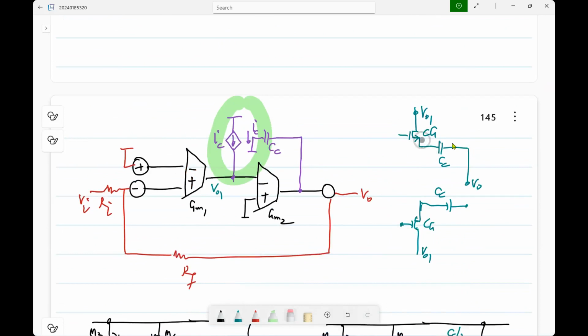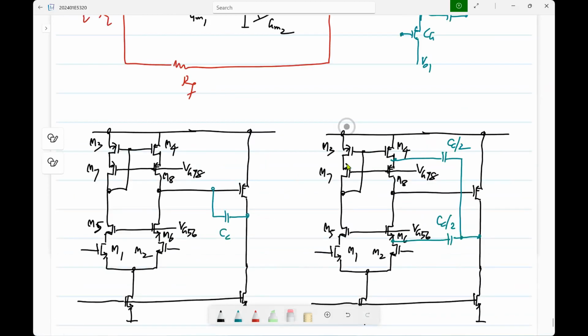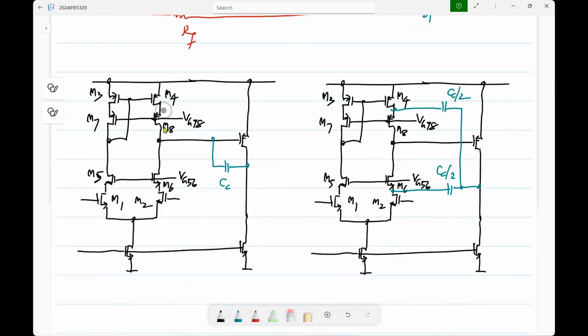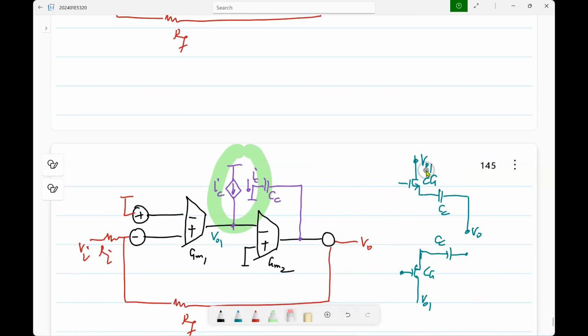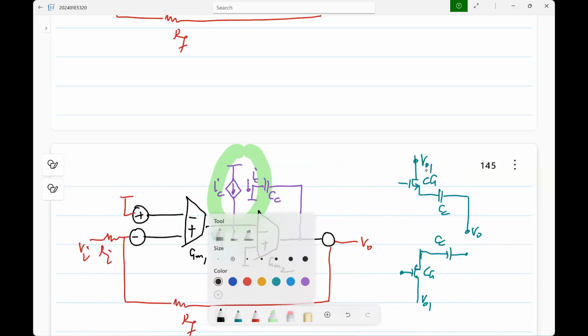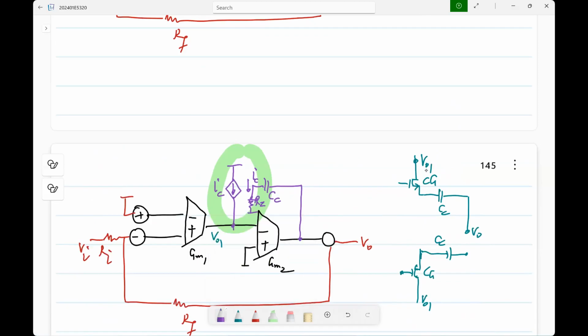It is small when compared to the impedance of whatever is connected in series, right? So, if the impedance of CC is very low and the GMs are very low, then it may not work, because this is not an ideal current controlled current source. It's like having some resistance there, so that will make it behave non-ideally. That is something you have to look at from simulation.